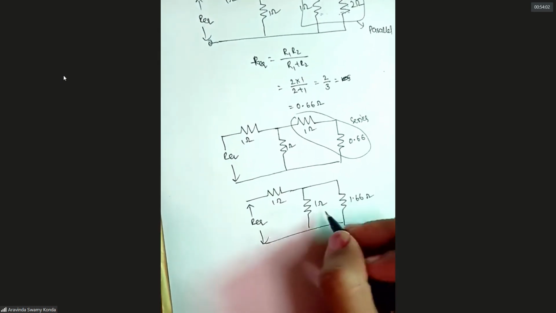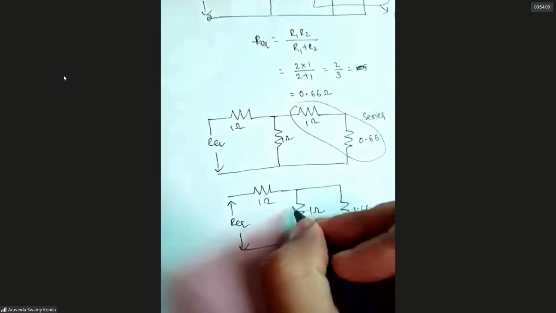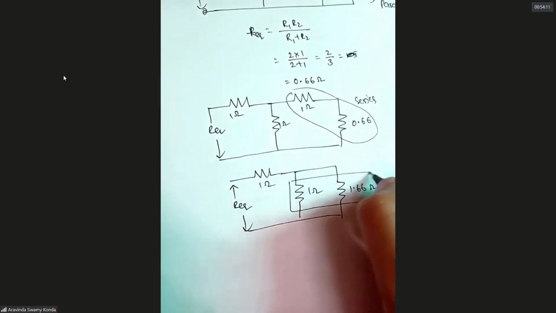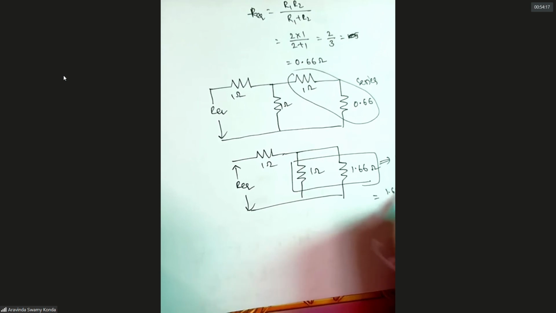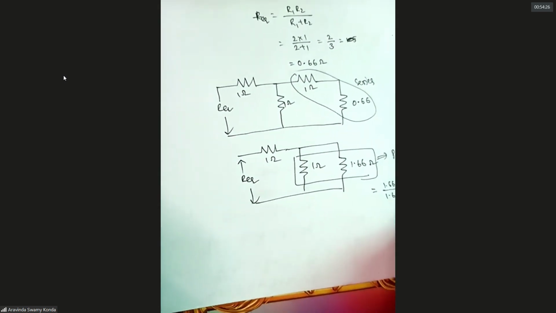So again these two are in which connection? Parallel, sir. So parallel means 1.66 into 1 by 1.66 plus 1. How much is it? 1.66 by 2.66.